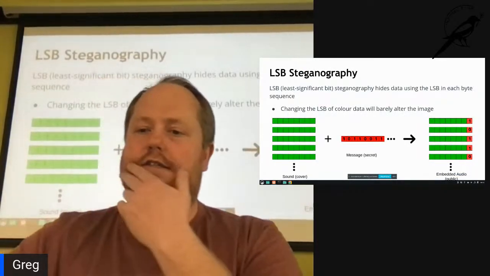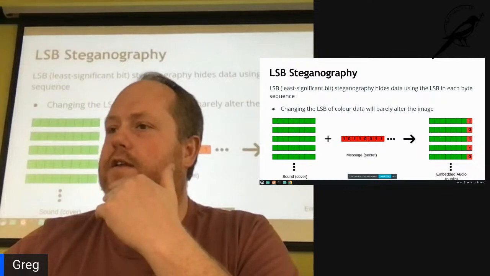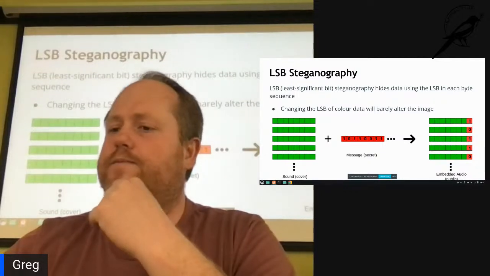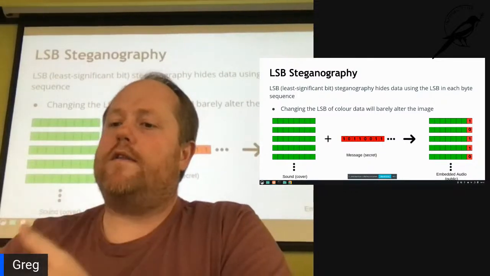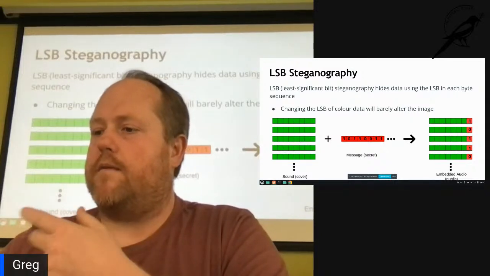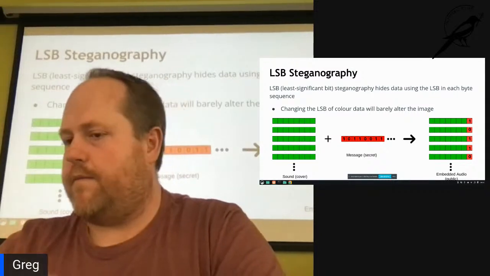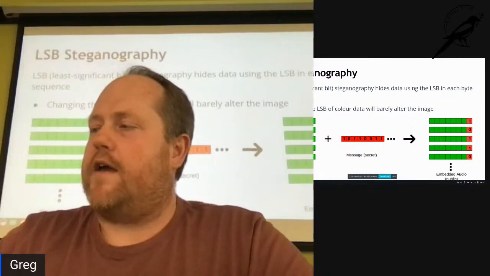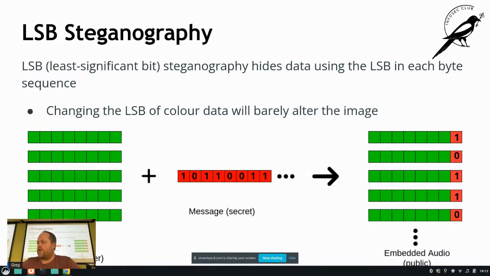One of the ways that this is done is with least significant bit steganography. The least significant bit is the rightmost bit in a binary number. And if you change it, it's not going to have a significant impact on the file itself.